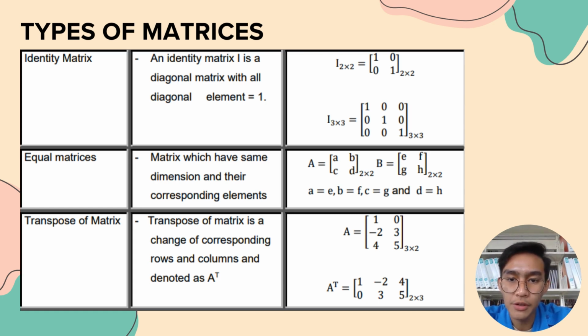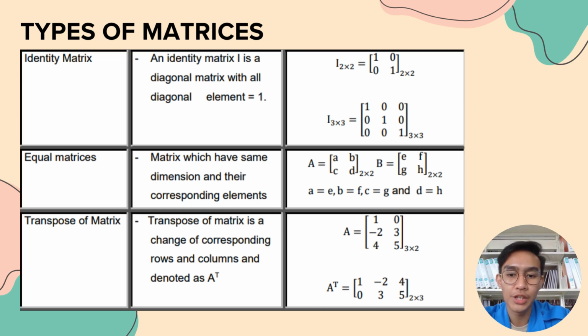For the last type of matrix, we have transpose of matrix. Transpose of matrix is a change of corresponding rows and columns and denoted as A^T, which is A transpose. For example, matrix A is 1, 1, 0, -2, 3, 4, 5 and the order is 3 by 2.